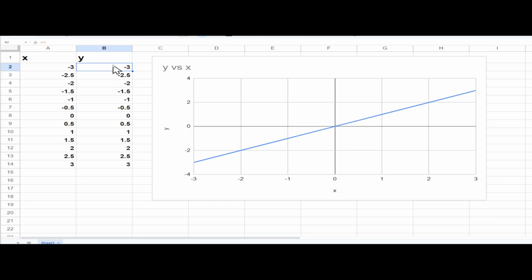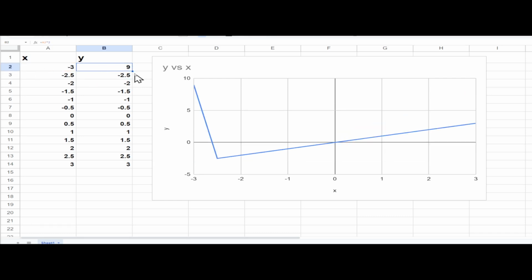Okay. What happens if instead of whatever's in this box being whatever's in this cell, we say take whatever's in A2 and square it?